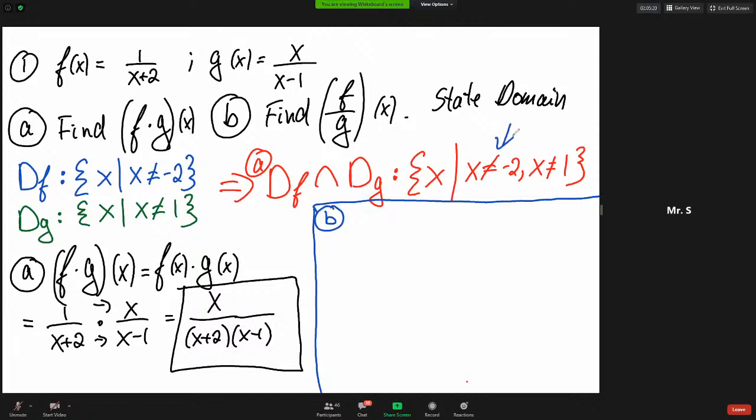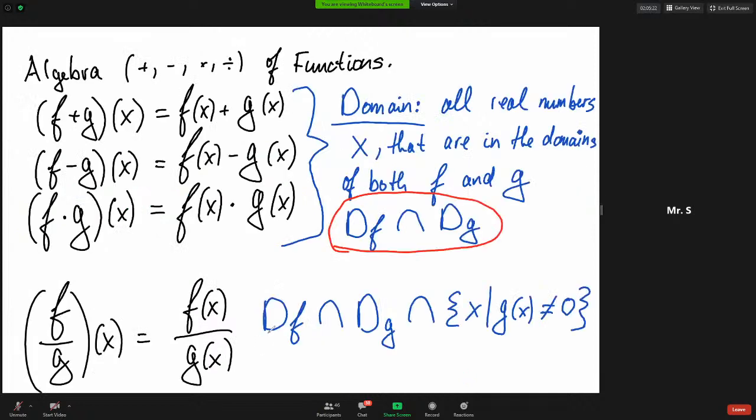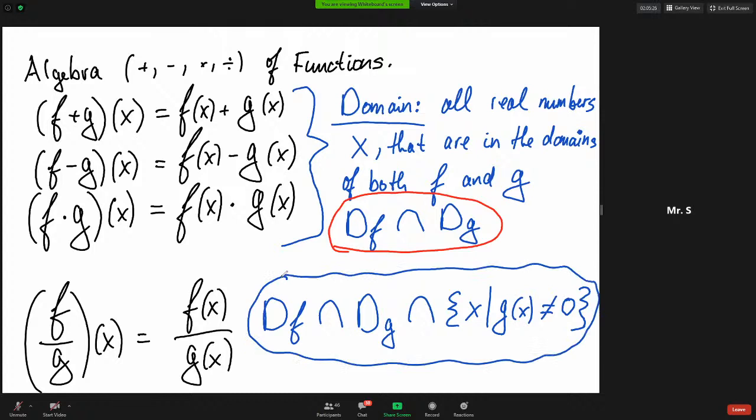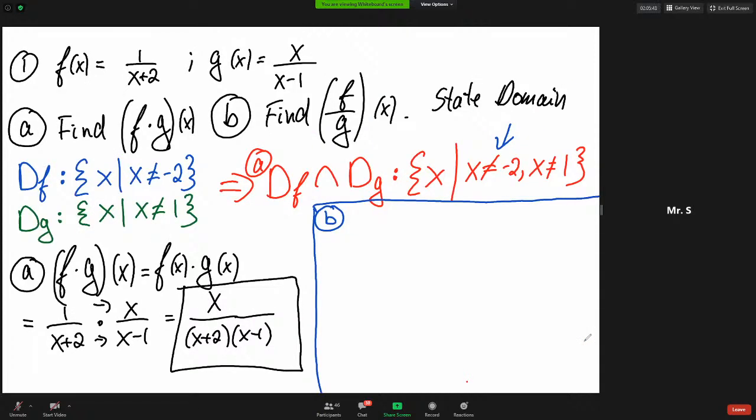So let's consider here my domain for the quotient is the intersection of the domain of f and the domain of g, but we also have to exclude whatever makes the denominator equal to 0. So on top of what we have now, we have to consider, well, what is my denominator? And here I'm doing f divided by g. So my denominator is function g.